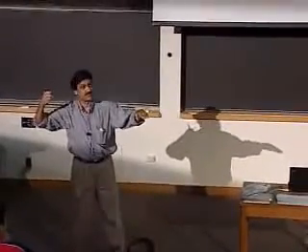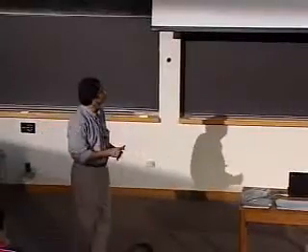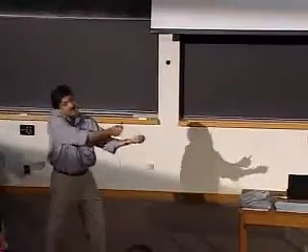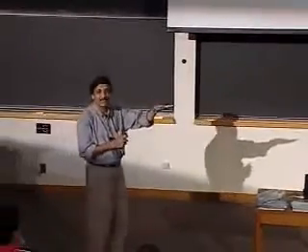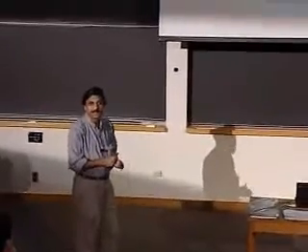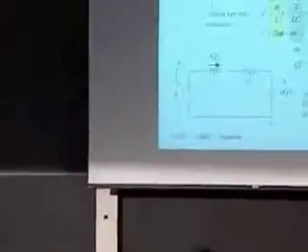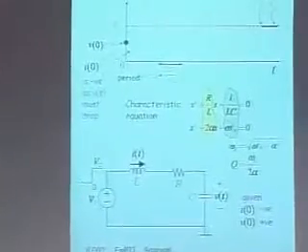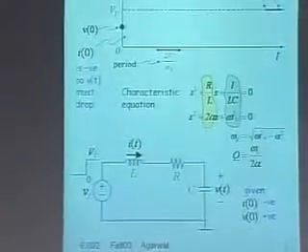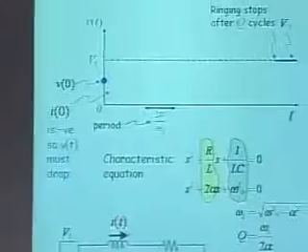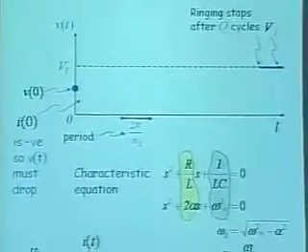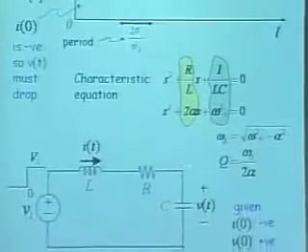It should drop. Which means that if the initial current is being pulled in that direction, the capacitor voltage must droop to begin with. Completely through intuition, no math here. So this means that I0 is negative. It's as if I0 is being pulled out in this manner.